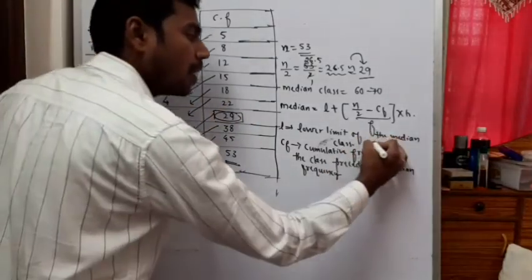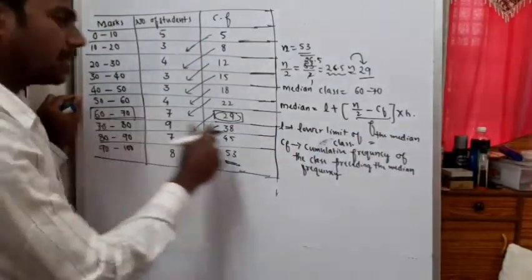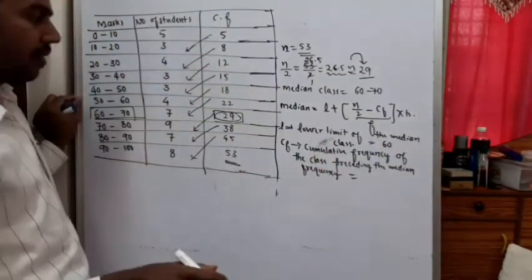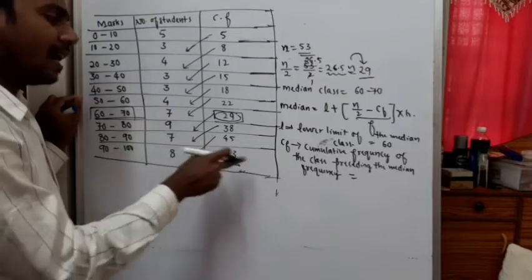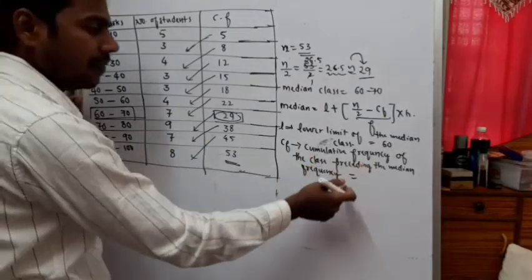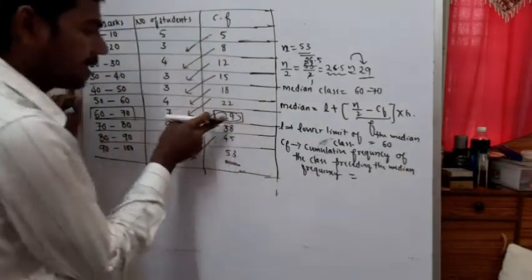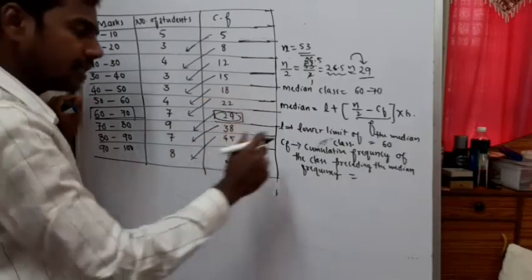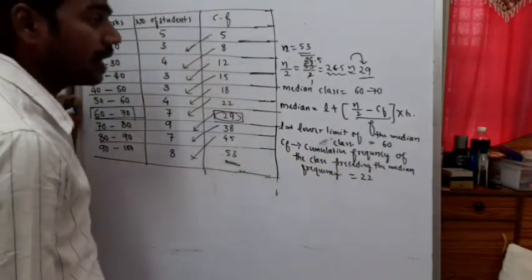Now we'll write the values. You'll understand. What is the lower limit of the class? 60 is the lower limit of the class. And what is the cumulative frequency of the class preceding the median class? 22 is the preceding frequency.